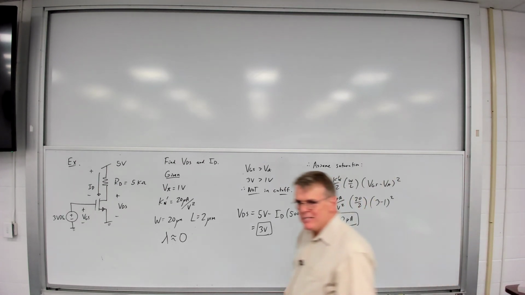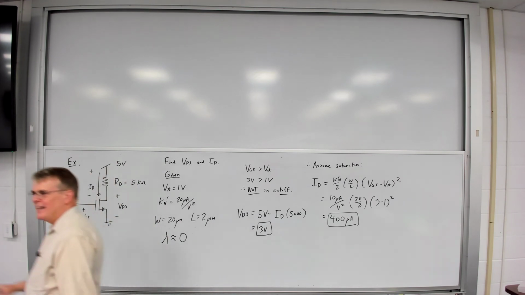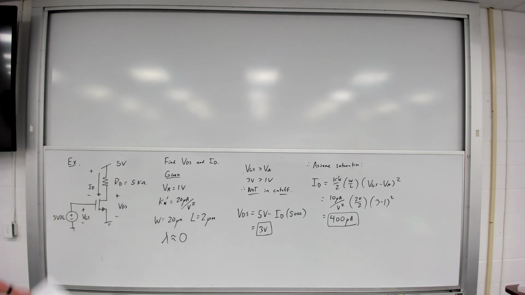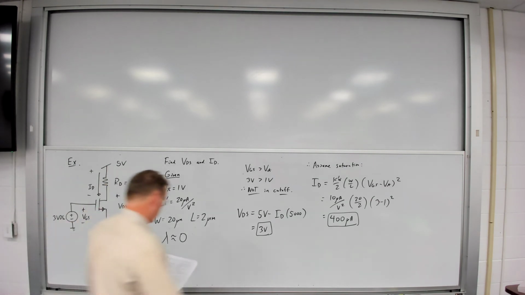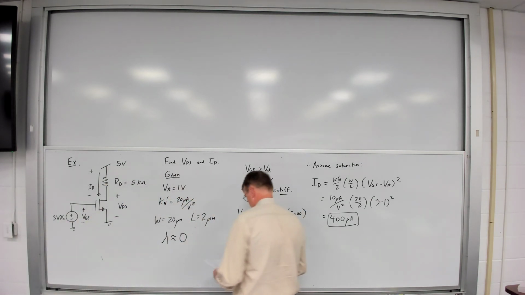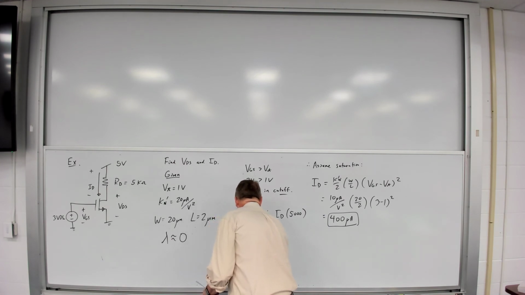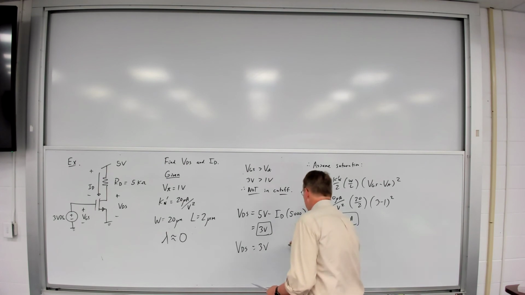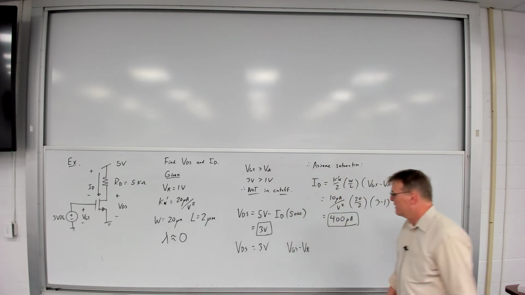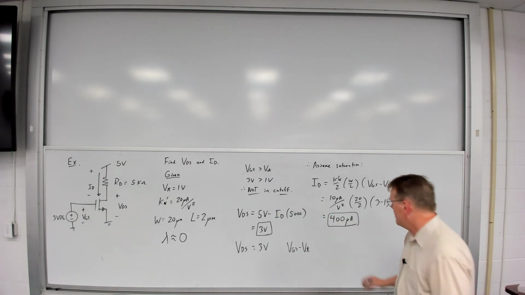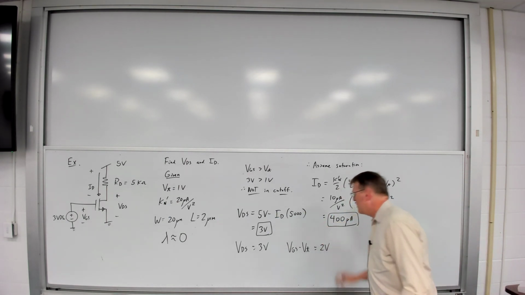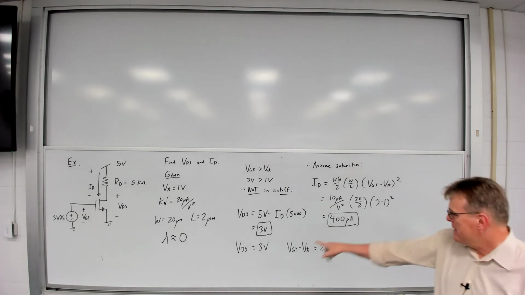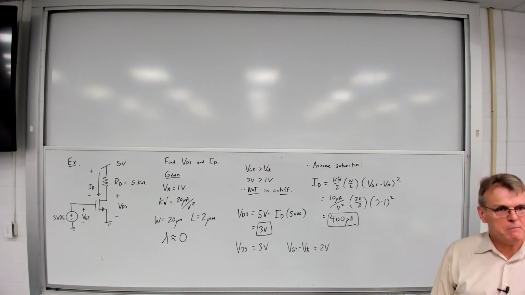But do those answers make sense? What do I need to check? I need to check the boundary condition. Is this transistor actually in triode? VDS is 3 volts. VGS minus VT, 3 minus 1, is equal to 2 volts. So is VDS greater than VGS minus VT?